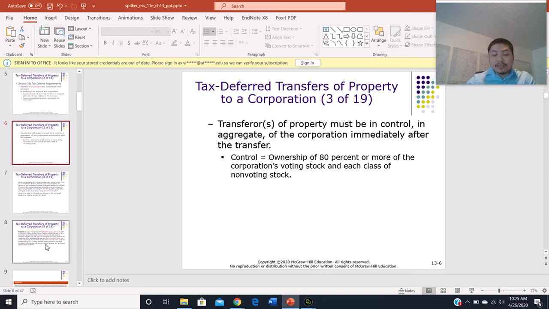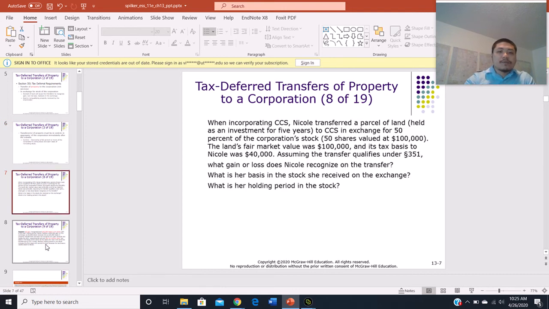Yeah, so that's just a basic example, but we're going to have an example in a bit. But first, let's look at this problem. It says when incorporating CCS, which is the corporation, Nicole transfers a parcel of land held as an investment for 5 years. So this is a capital asset. She transfers it to CCS in exchange for 50% of the corporation's stock, 50 shares with a value of $100,000.